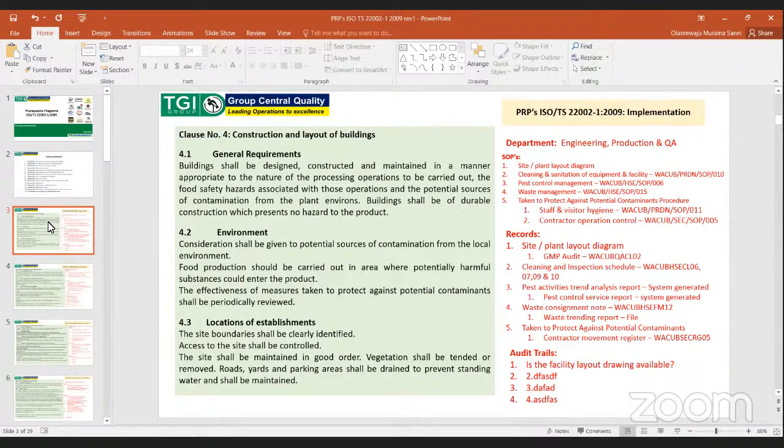Then action against potential contamination. Just like what I've said, we have a process in place to monitor movement of people, contractors, visitors, staffs, to ensure that people that were not supposed to be in a particular area did not get access to that area.